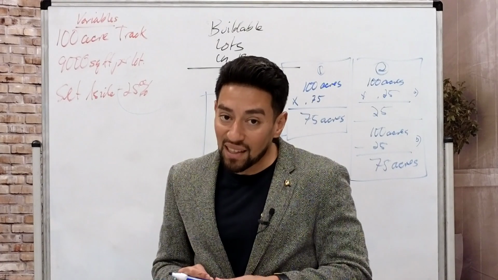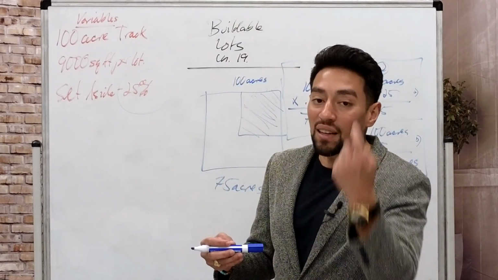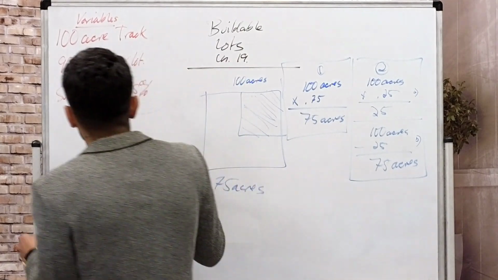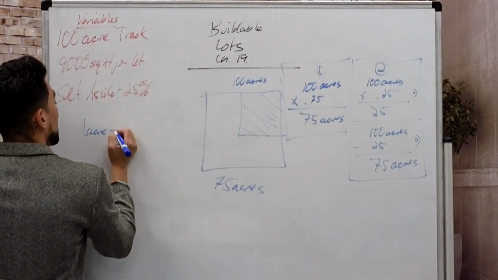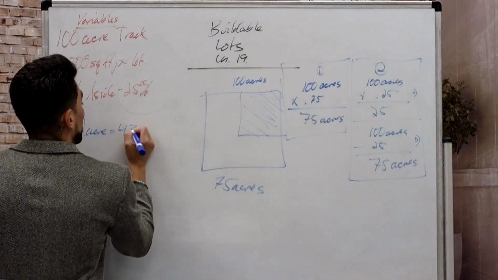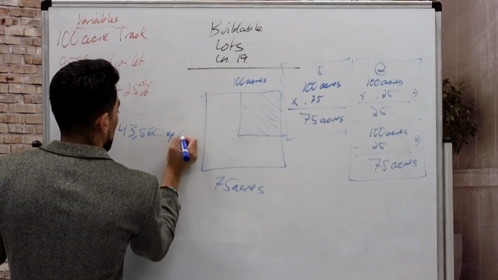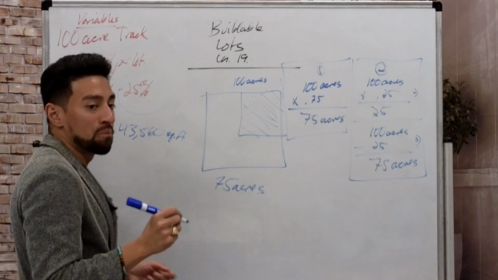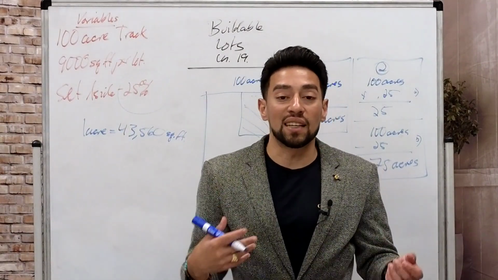We're going to need how many square feet are in 1 acre. Okay, now 1 acre equals 43,560 square feet.